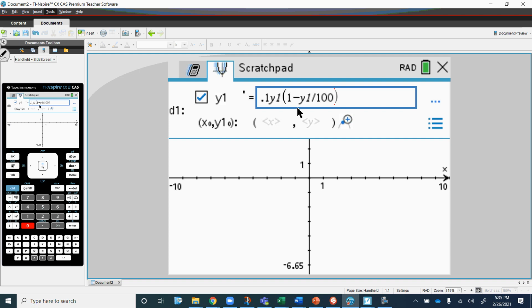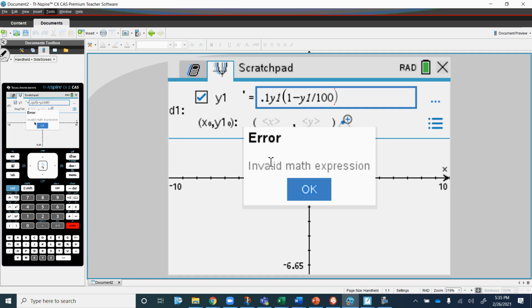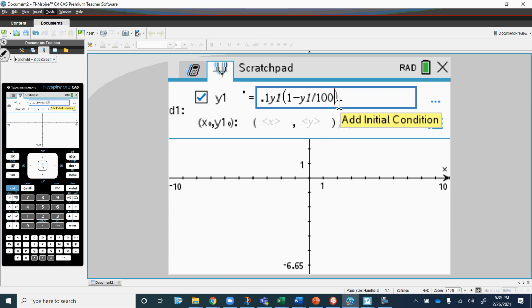Now, if I just try to graph this by itself, I'm continually getting this thing here that says an invalid math expression. And for the life of me, I couldn't figure out why it was doing it. I played around with it and played around with it, after I threatened to destroy my computer out of frustration. And ultimately, I just said, well, what if I just tried doing it with the factored form?